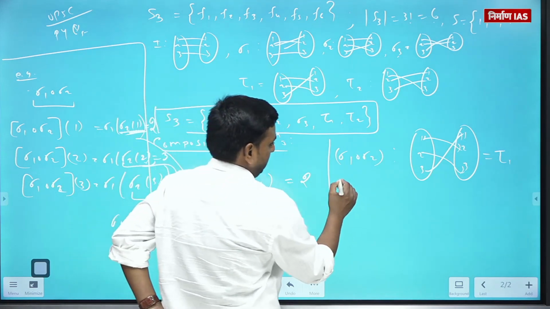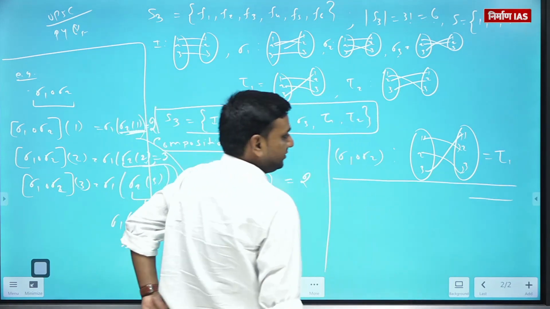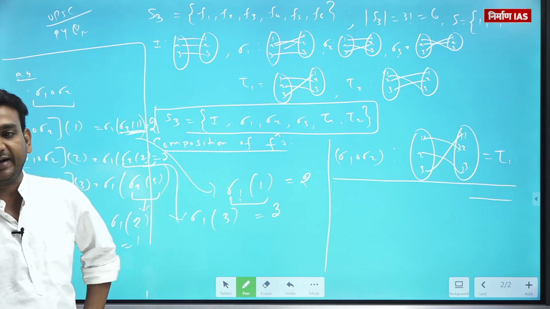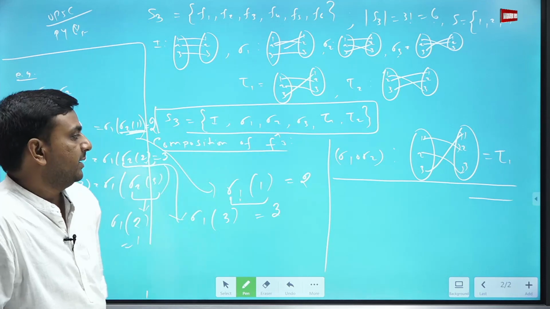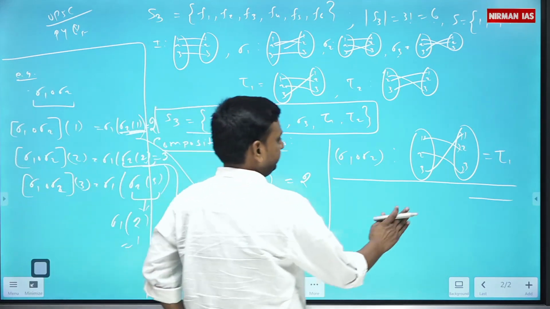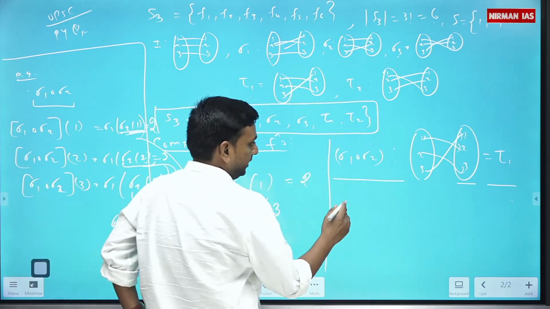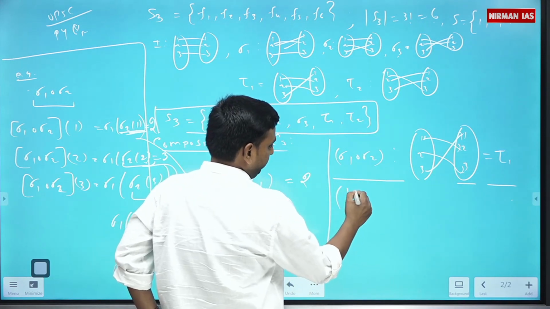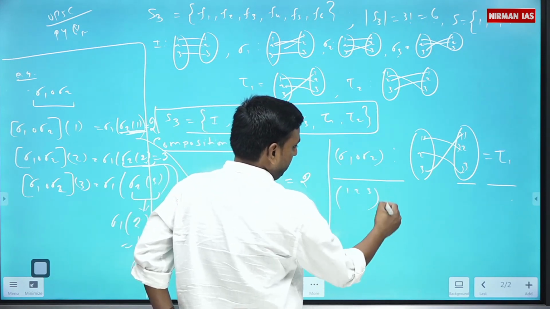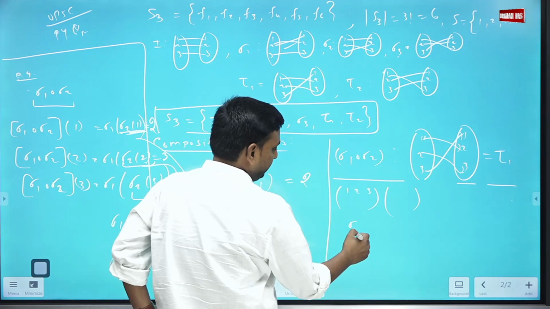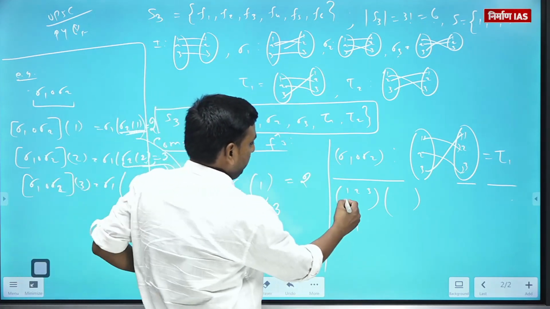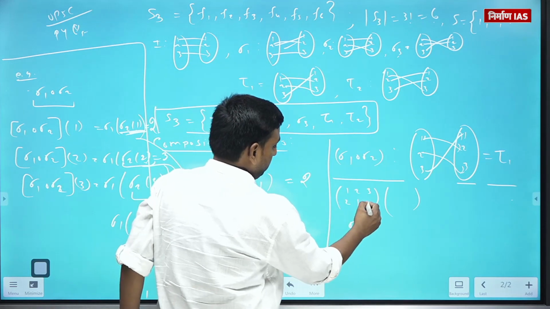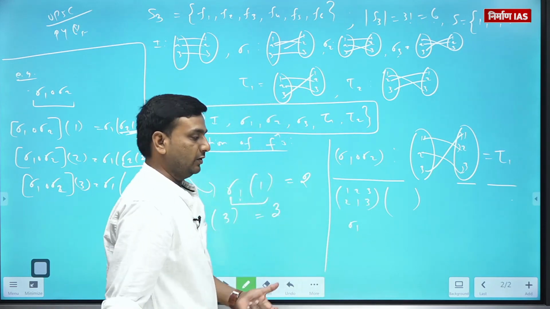Now, you people will think, sir, do we need this much calculation or this much writing? No, not at all. Just to make you understand, I have derived these things. For calculation, just see. Please be on the board. I will write sigma 1. What is sigma 1? 1 is mapped to 2, 2 is mapped to 1, 3 is mapped to 3.